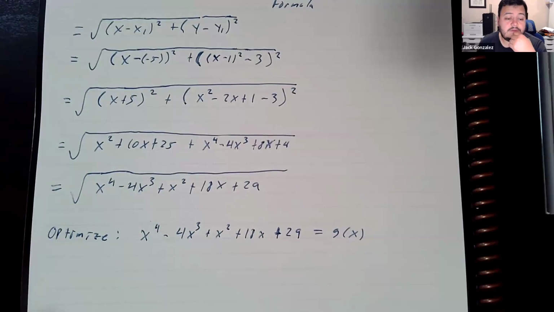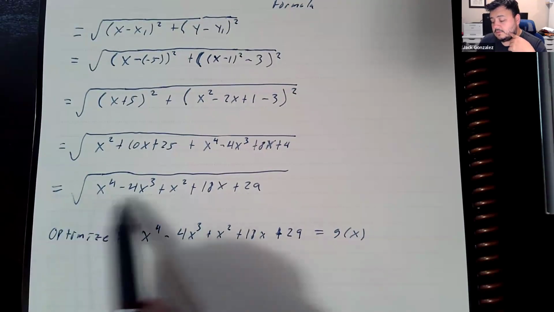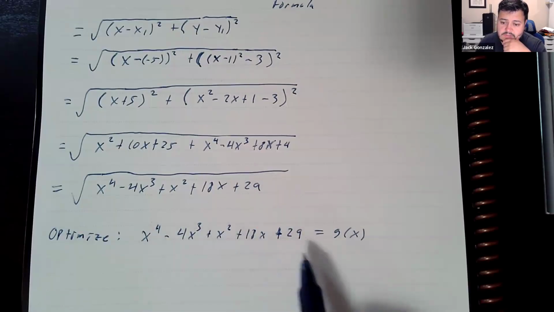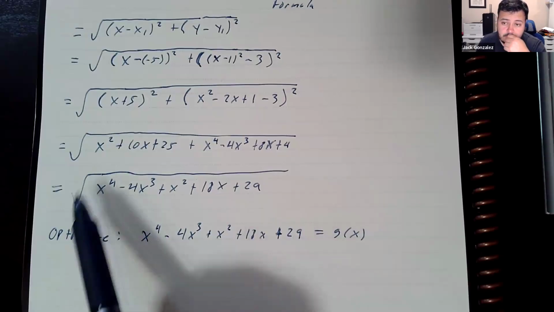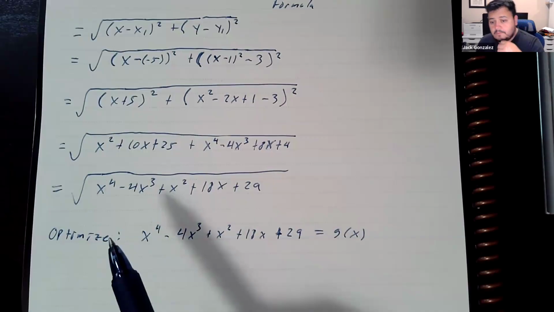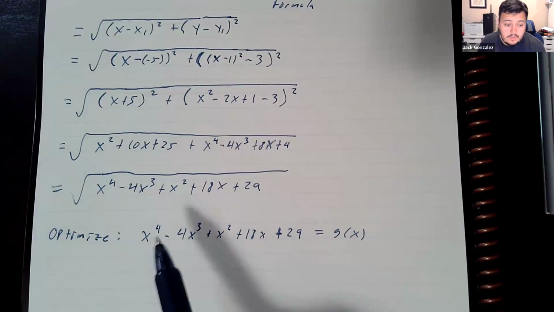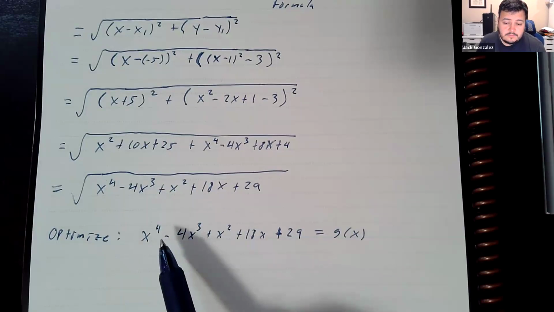Yes, we need to find the first derivative, but we don't need to use the entire square root part. That's what I'm saying. We're gonna optimize the inner part instead. Otherwise, we're gonna have a chain rule, and then it'll be complex, and we don't need to do this. The only issue is that this is a higher powered function, so we're probably gonna have to do synthetic division.